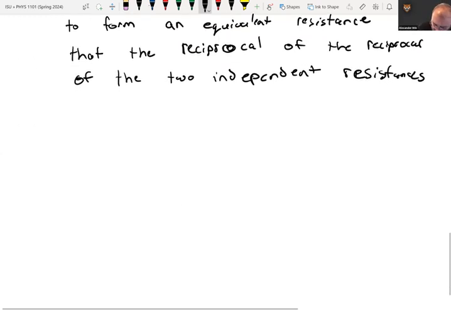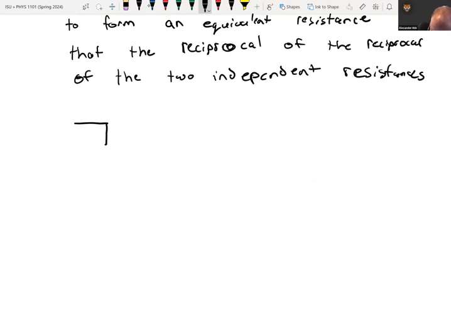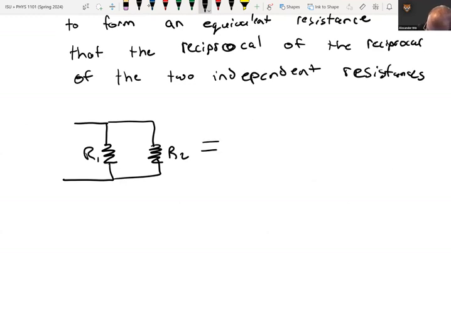Basically, what I'm saying is we have something like this, R1, R2, and these can be combined into a single resistor, which is just R equivalent.